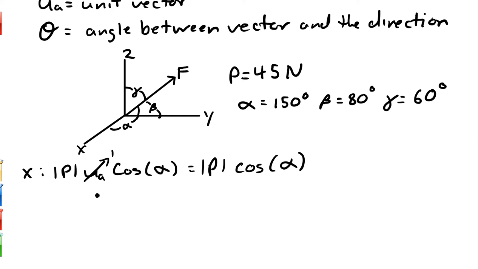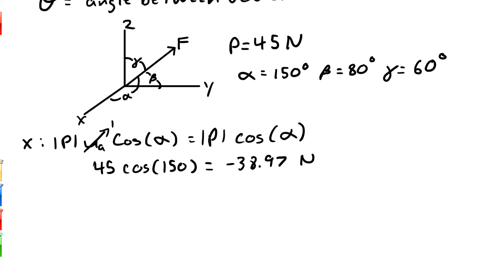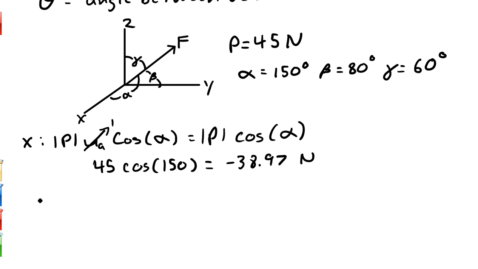So in the x we have 45 times the cosine of 150, and that is going to be equal to negative 38.97, and that's in newtons. So let's go ahead and apply this to the y and z directions.